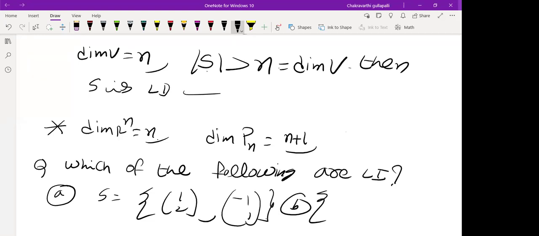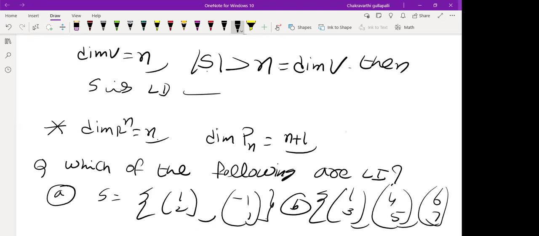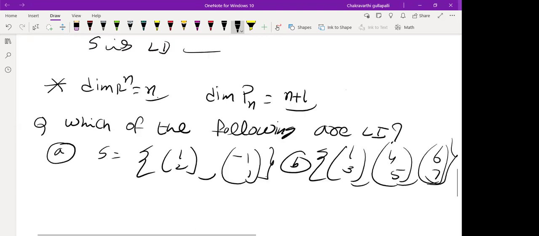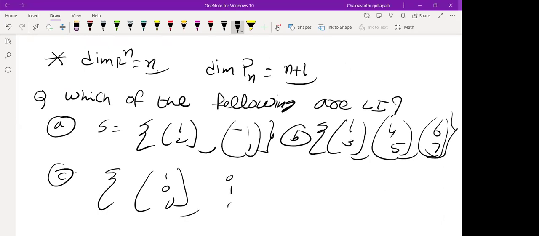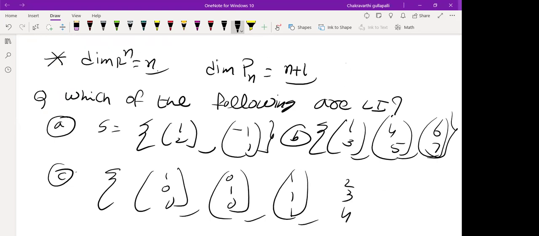The second set is (1, 3), (4, 5), (6, 7). The third set is (1, 0, 0), (0, 1, 0), (1, 1, 1), (2, 3, 4).